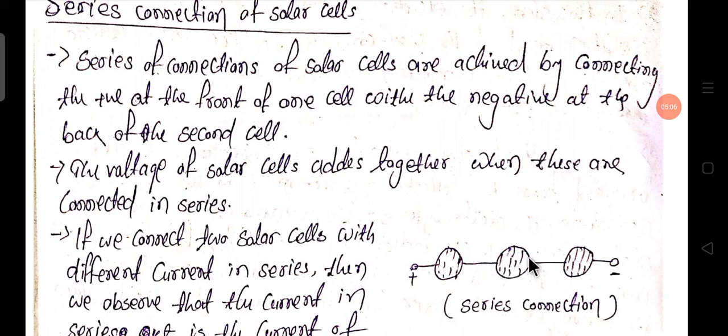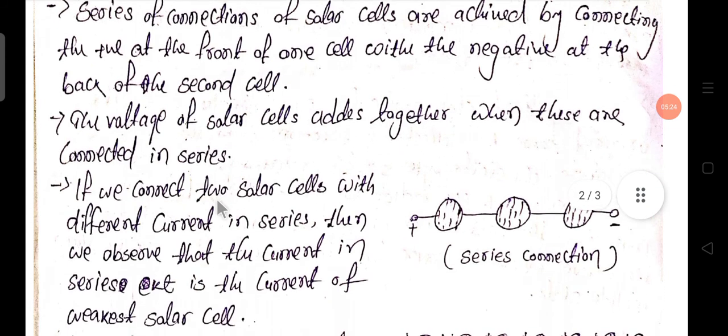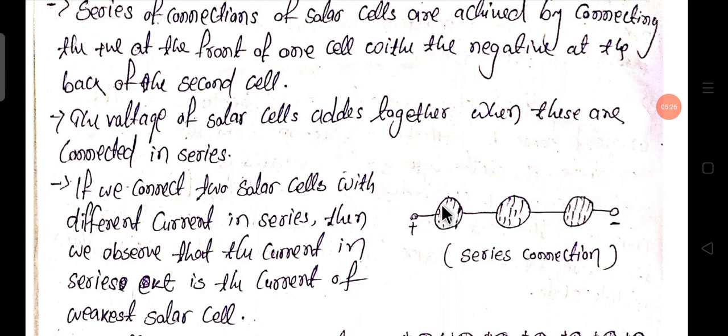The voltages of solar cells are added together when they are connected in series. If they produce 2 volt, 3 volt, and 5 volt, then they are all added: 2 plus 3 plus 5, a total of 10 volt will be produced from this series connection.